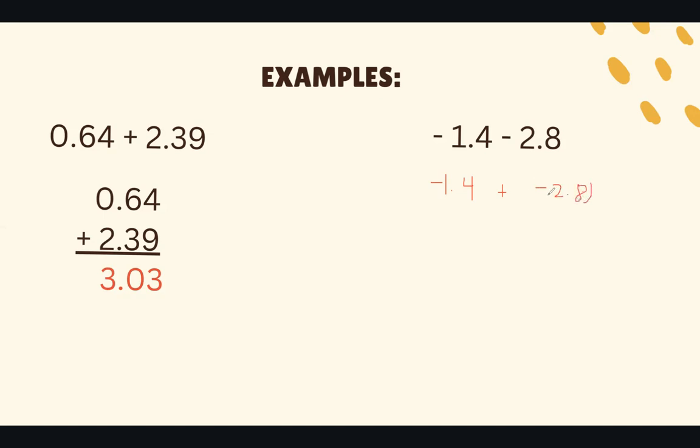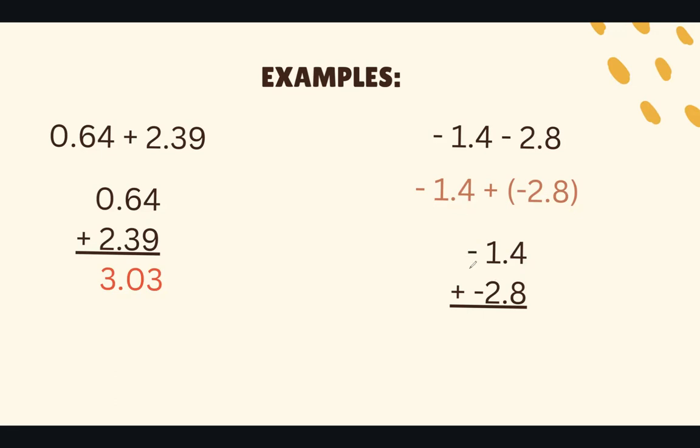For doing the KCC, do not forget to align this new set of decimals to vertical form. So that would be negative 1.4 plus negative 2.8, and the decimal points should be aligned.